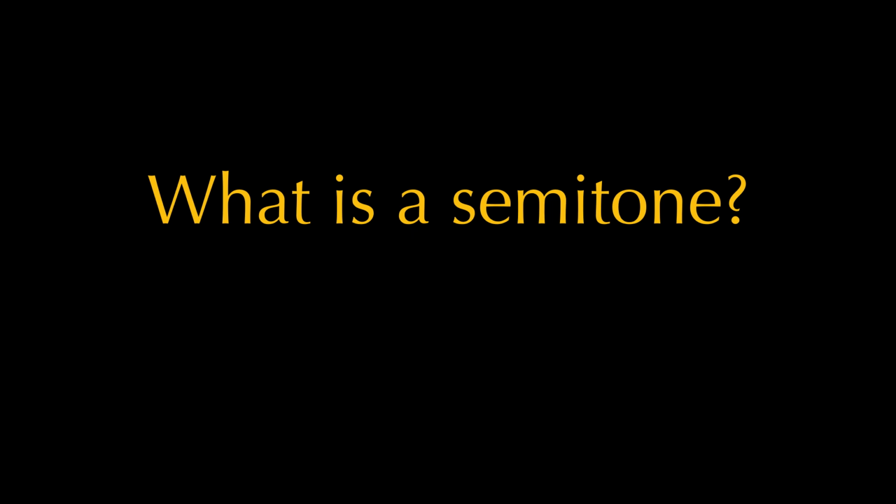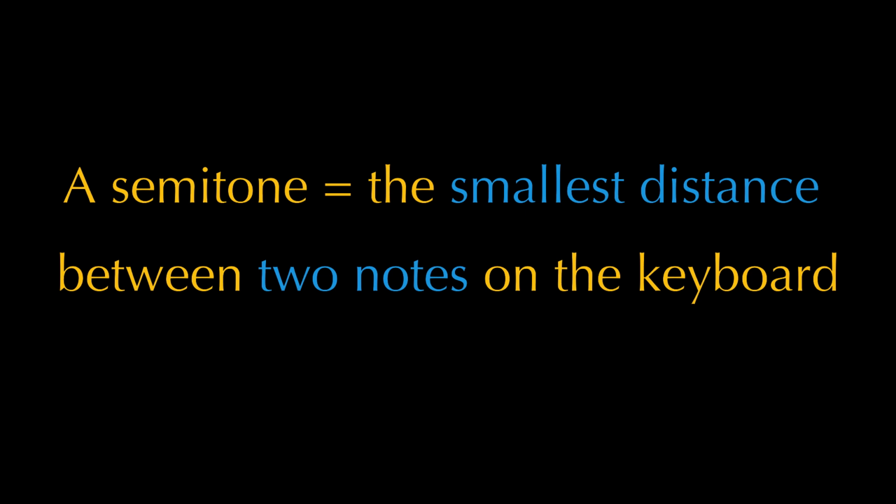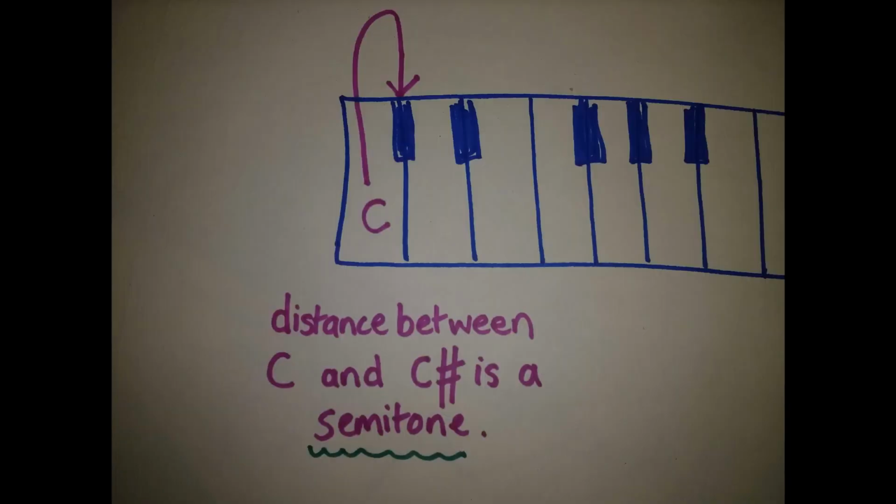Now, I also want to talk about semitones. So a semitone is really a distance between 2 notes, and it's the shortest distance that we can get on the piano. If we look at a C, then the distance between C and C sharp, which is the black note to the right of the C, is a semitone.